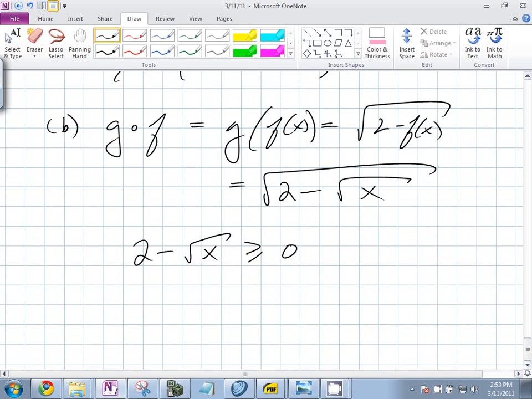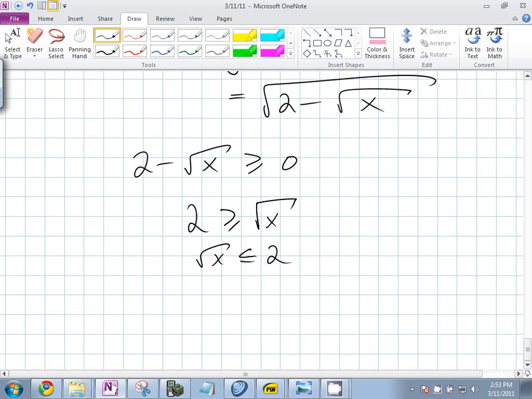So 2 has to be greater than or equal to root x. So the square root of x has to be less than or equal to 2. So what does x have to be? Less than or equal to 4, or 0. Wait, can you plug in negative? No. From 0 to 4. So that's true about the whole thing.